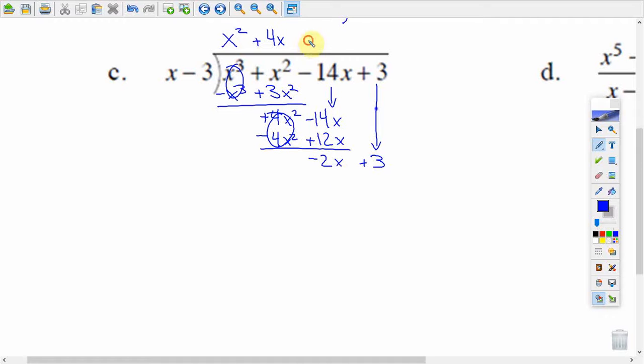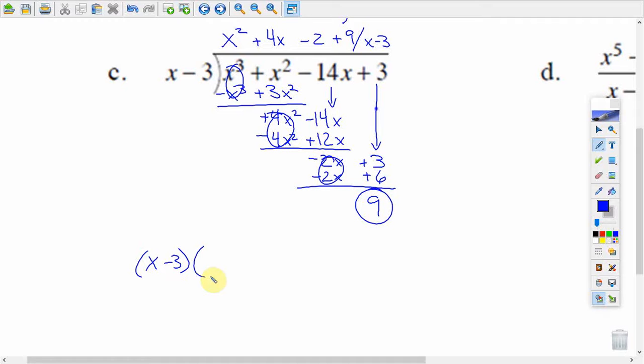Then we've got to do minus 2, minus 2x plus 6, which gives us a remainder of 9. Okay, so then this could be rewritten as x minus 3 times x squared plus 4x minus 2 plus 9 over 3 minus x.